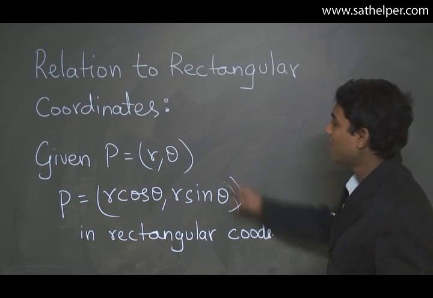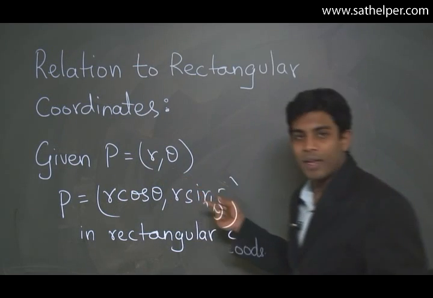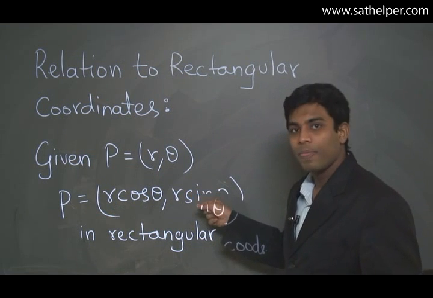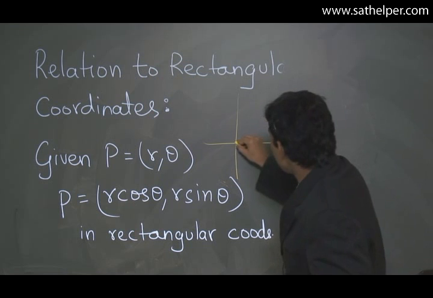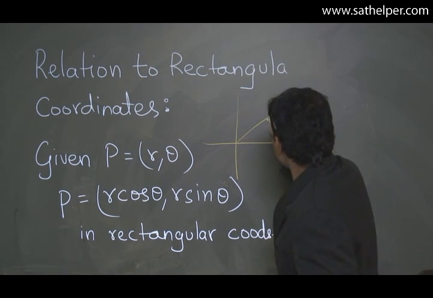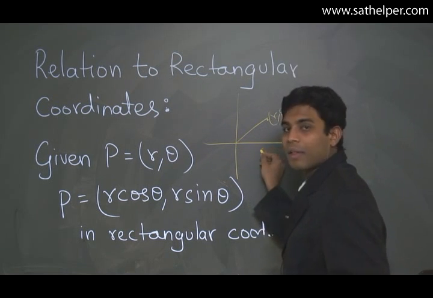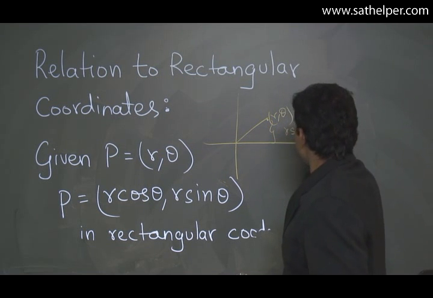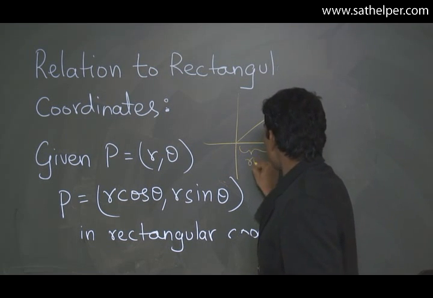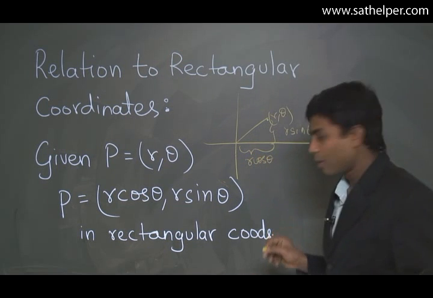So you see that given a point P, which is r comma theta, the distance from the x-axis is r sine theta and this is r cos theta, right?